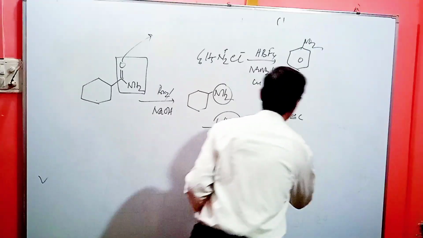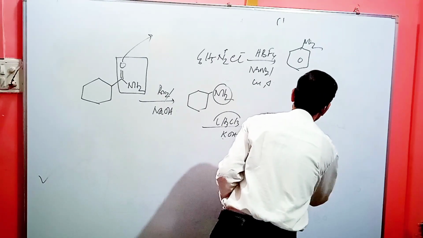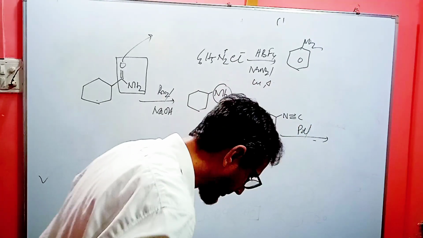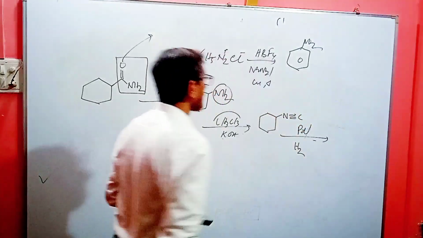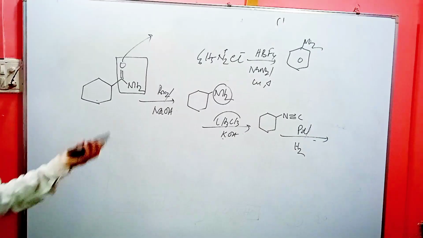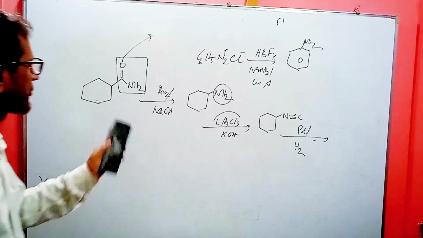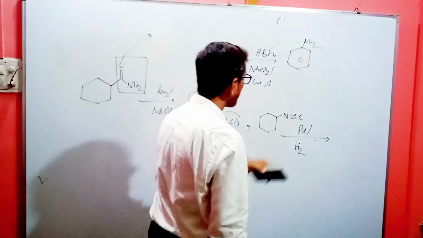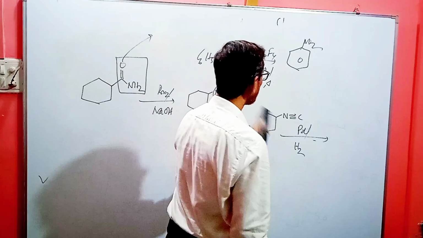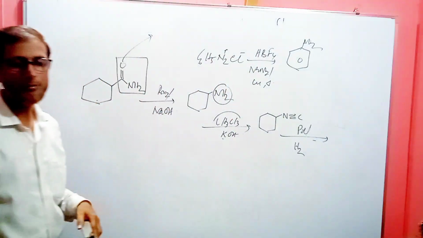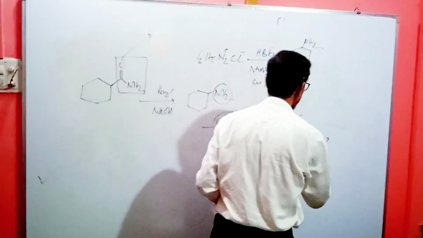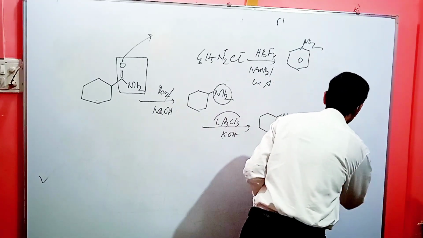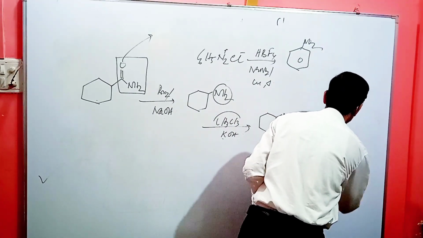Again, another part is given. This is reduced with palladium and hydrogen. In my first chapter, lesson number 4, I have shown you that if it is cyanide and you reduce it, you will get an amine, a primary amine. If it is isocyanide, then you will get a secondary amine.